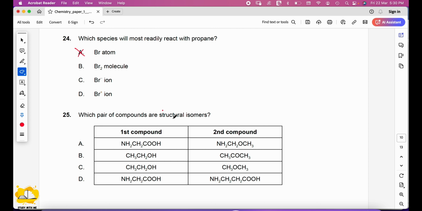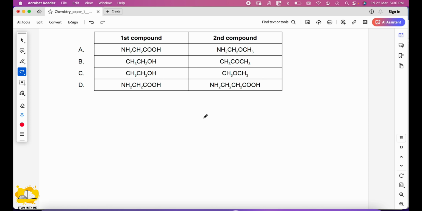Which pair of compounds are structural isomers? Okay, so we need to identify these two. The first one is amino acid, and this one is ether. For B is alcohol, and this one is ketone.